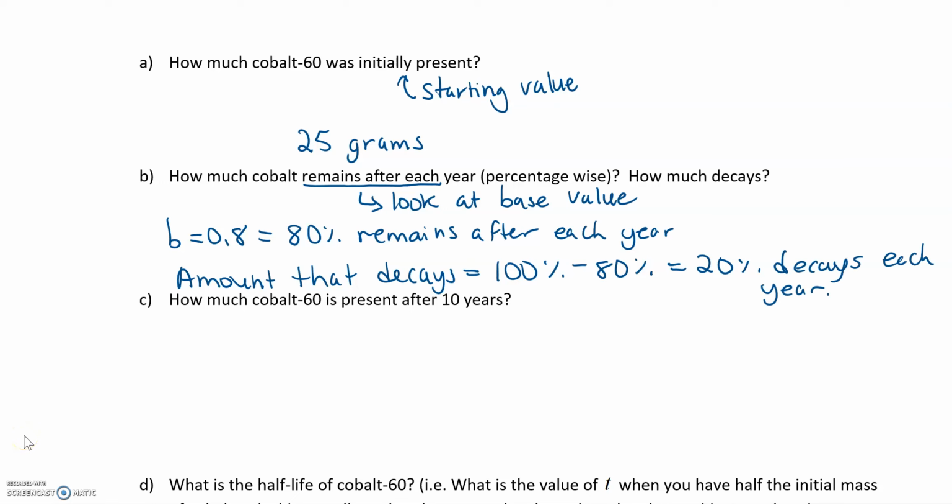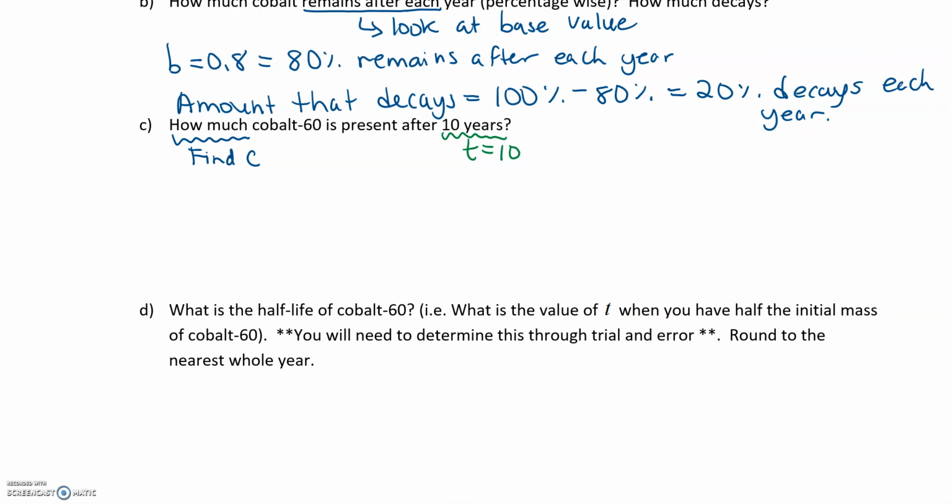In Part C, it says how much cobalt-60 is present after 10 years. This means that we want to find C for t is equal to 10. We look back to our original equation for C and substitute t is equal to 10. When we evaluate this, we find that C is equal to 2.684.